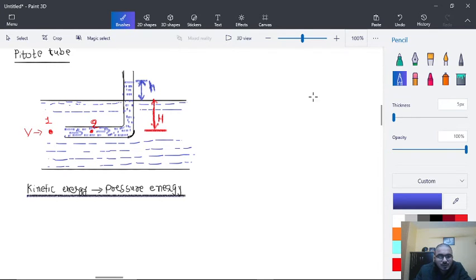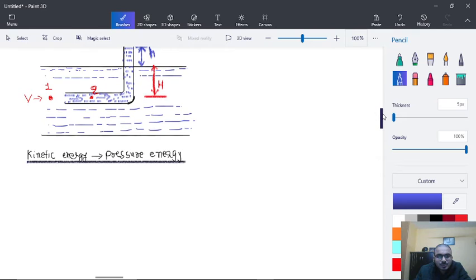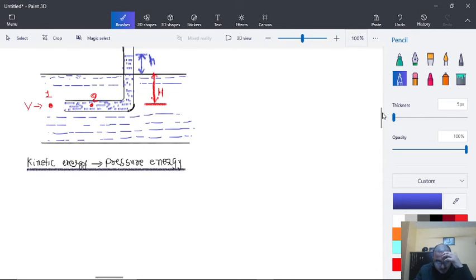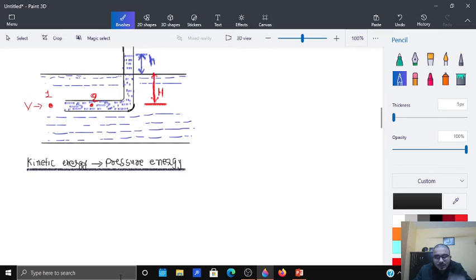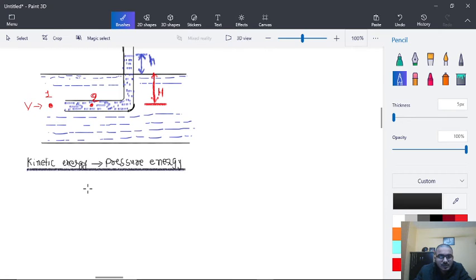Okay, so now what we are going to do is to apply Bernoulli's equation again, as all the terms are already known and similar to our previous theory, so we are not going to spend time on nomenclature. So let's apply Bernoulli's equation at point 1 and point 2.